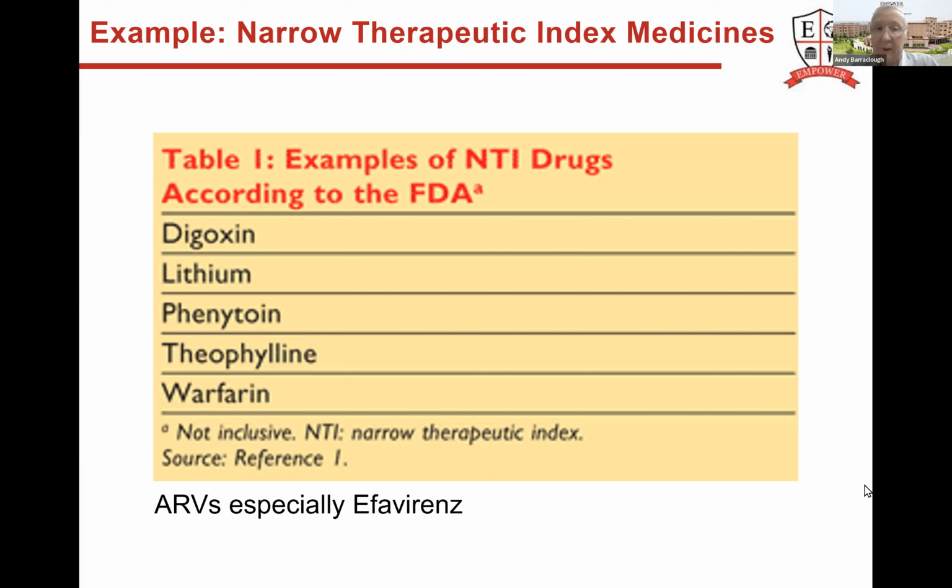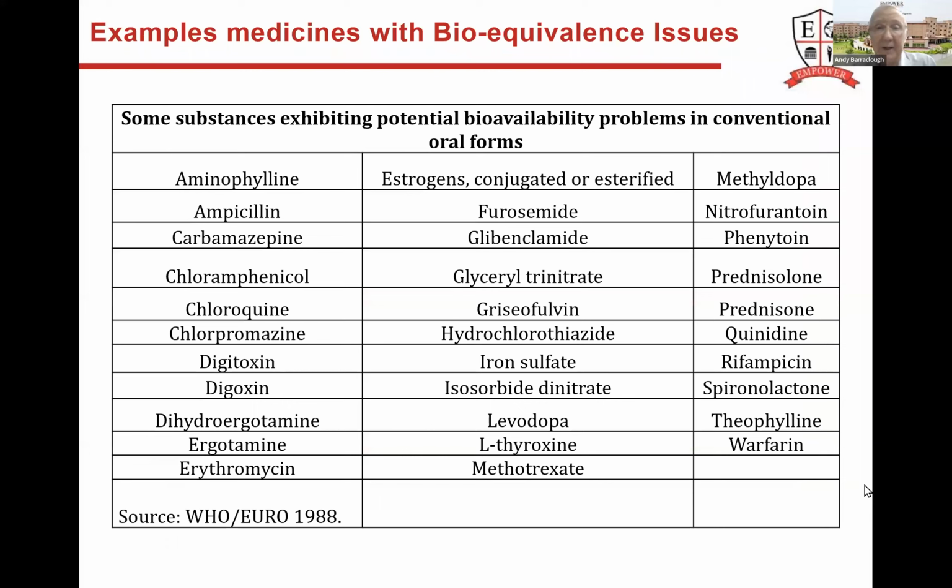Just check, is it one of the medicines on that list? And the next list is bioavailability medicines. Look through the list. What's the problems on there? Is it on that list? Because if it's on that list, it could have a bioavailability problem. You don't have to know too much about bioavailability, just is the medicine on the list, yes or no?